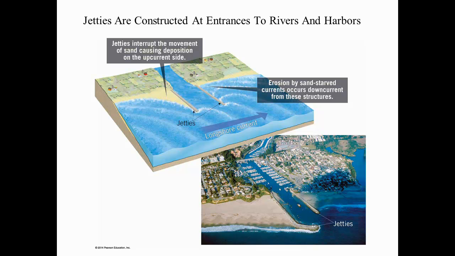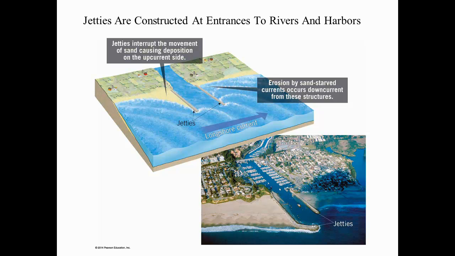Now, jetties are structures that are constructed at entrances to rivers and harbors. And jetties interrupt the movement of sand, particularly sand being transported by beach drift and longshore currents. The net result is sand is deposited on the upcurrent side of the jetties.